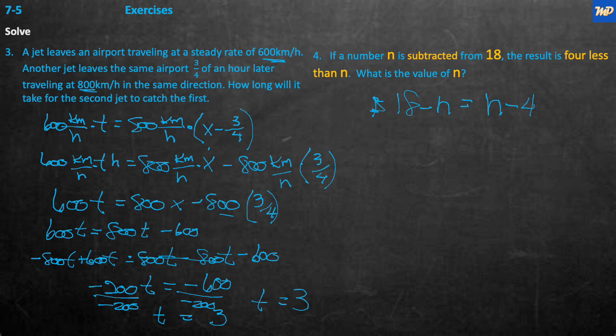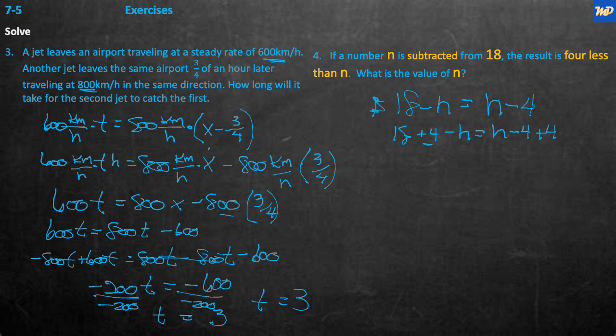So if we collect them, we have 18 on this side and minus 4 on this side. So we can bring the minus 4 over to the left-hand side. So we're going to have 18 and plus 4 minus n is equal to n minus 4 plus 4.